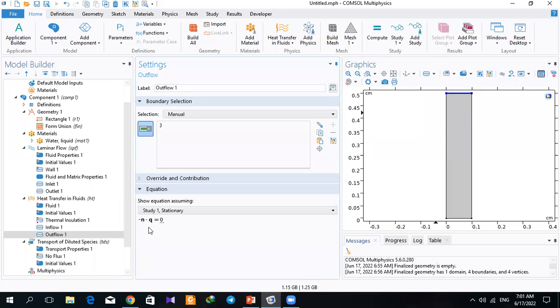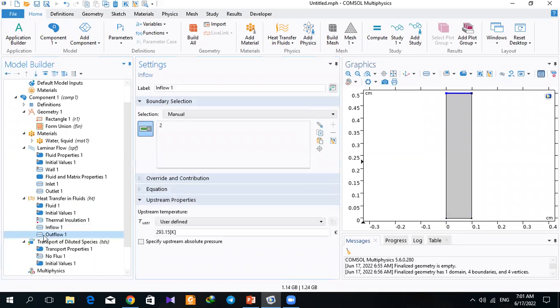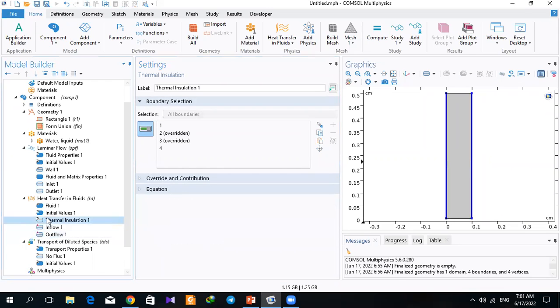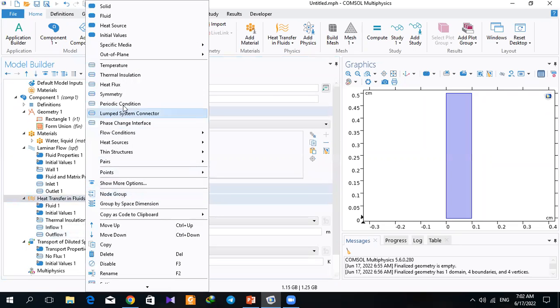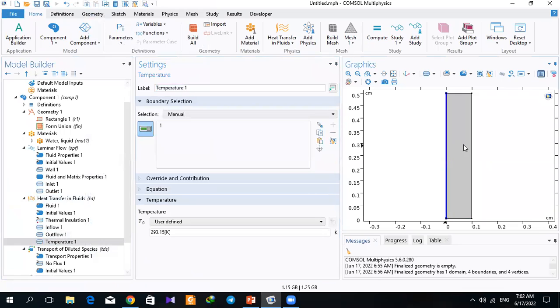And it means that the value of the gradient of velocity in the outlet of the reactor is equal to 0 in axial direction. So you have inflow, you have outflow, you have thermal isolation and walls, but it's not what we want. We just define the temperature, constant temperature on walls. And I define just 800 degrees C.